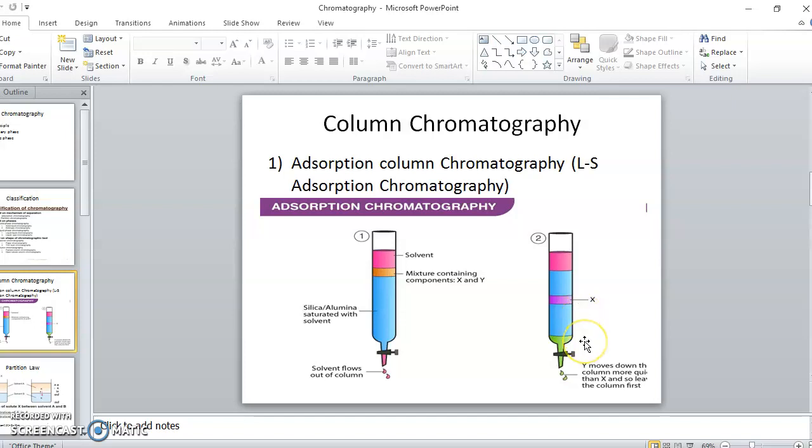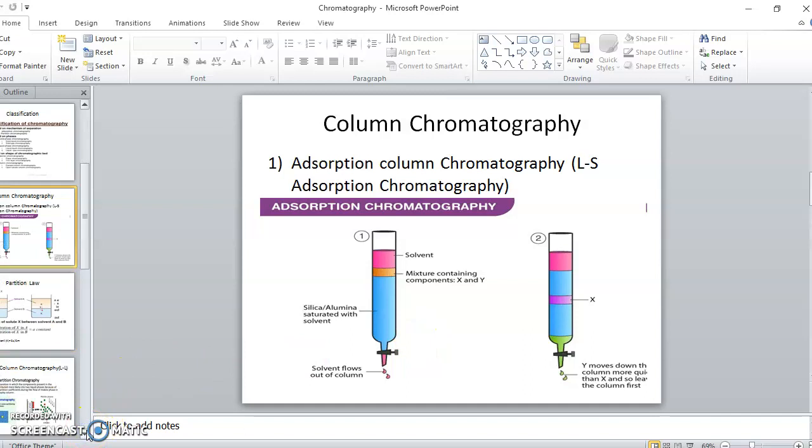Similarly, you have to pass another solvent in which only the Y gets dissolved. So again you take another solvent and pass it so that the Y also gets dissolved in that solvent, only Y. That process is known as elution, and the solvent used is called an eluent. So that's about adsorption column chromatography.